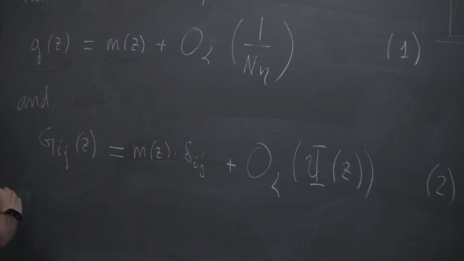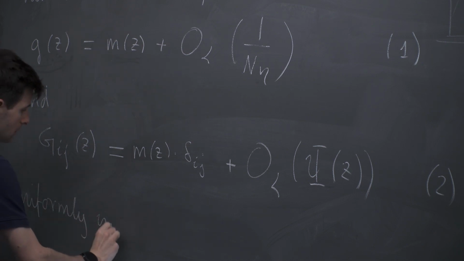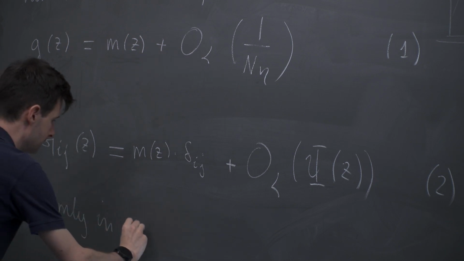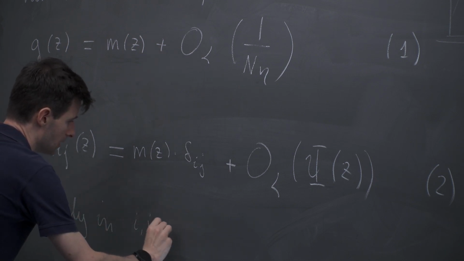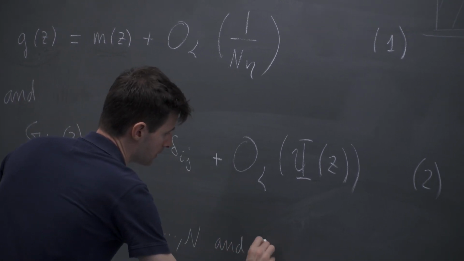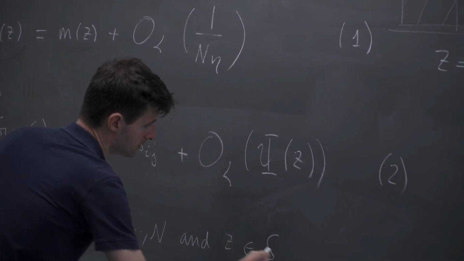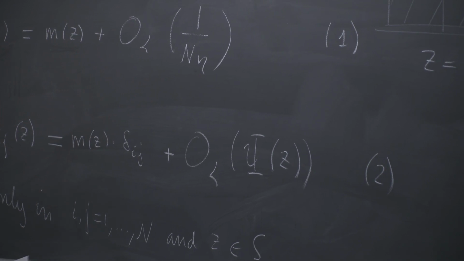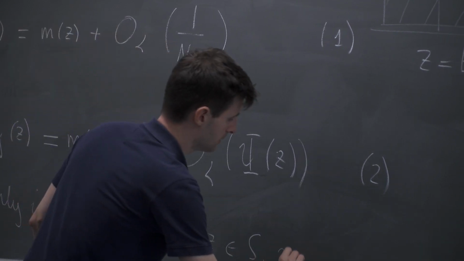I'll define it in a minute, so let me first say, so this holds uniformly in I, J goes from 1 to N, and Z in S, where what is this psi?